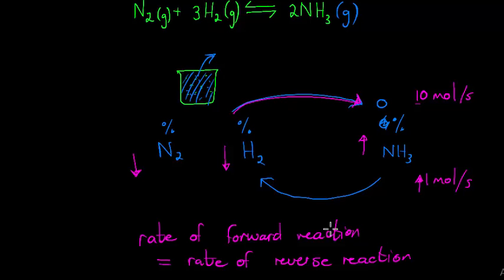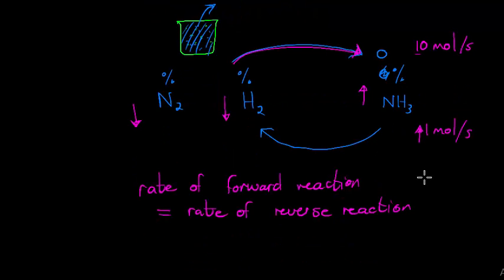So in the example that I'm using here, the rate at which I'm producing ammonia and the rate at which ammonia is decomposing back at some point has to be equal. Okay? And that point, the point at which these two are equal, is called the equilibrium.